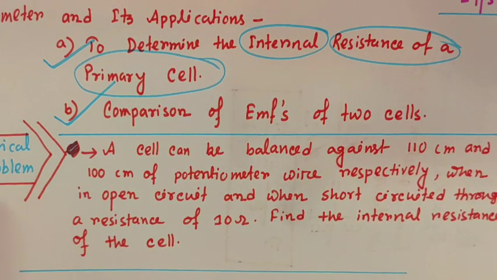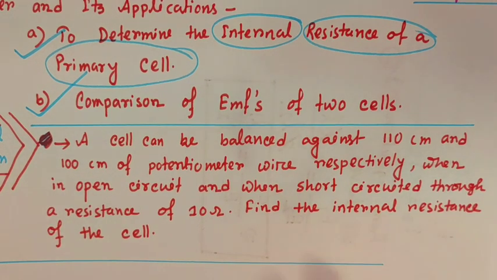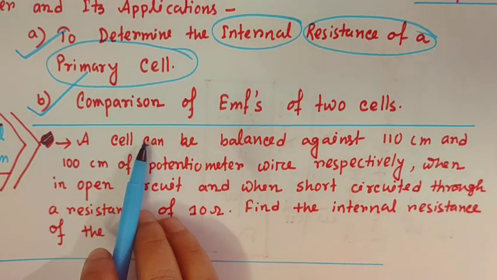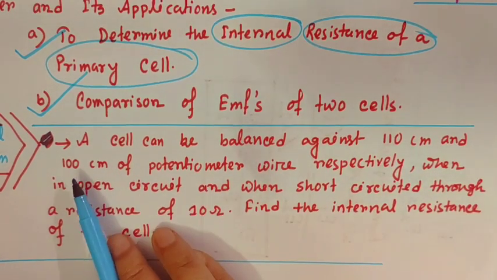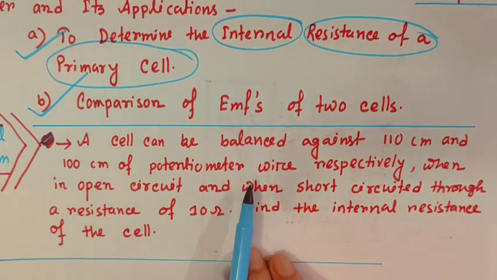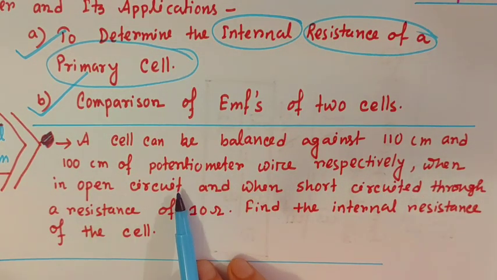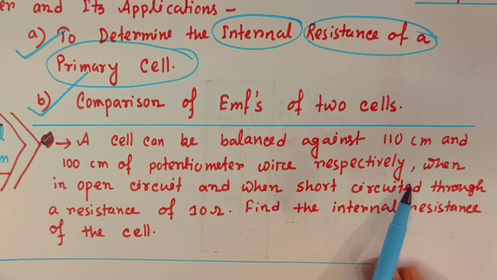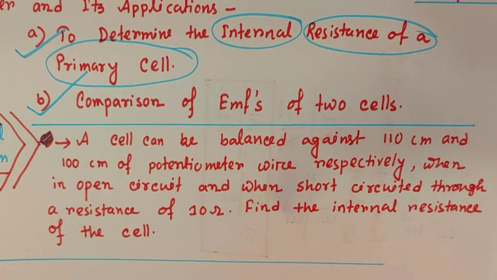Okay, so our next topic is one numerical problem. A cell can be balanced against 110 cm and 100 cm of potentiometer wire respectively when in open circuit and when short circuited through a resistance of 10 ohm. Find the internal resistance of the cell.